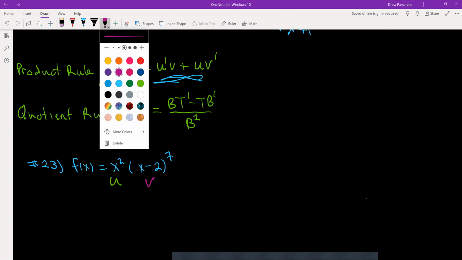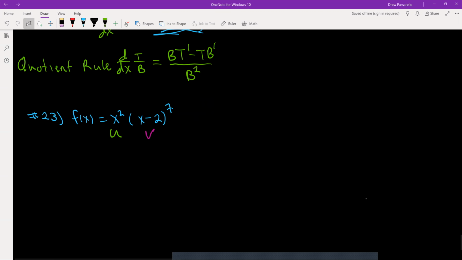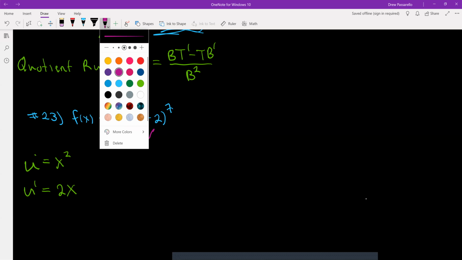All right, so u is x squared. Derivative of x squared is 2x. So u prime is 2x, because that's 2 times x to the 2 minus 1 with the power rule, so it's going to be 2x. Now v is x minus 2 to the 7th power.